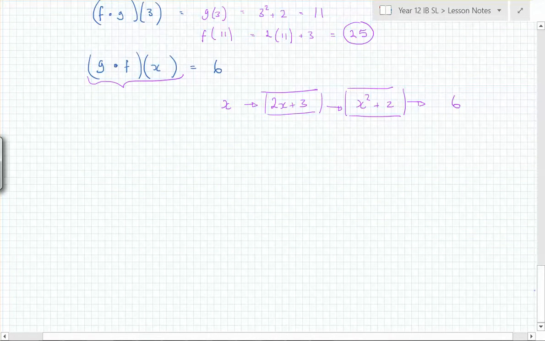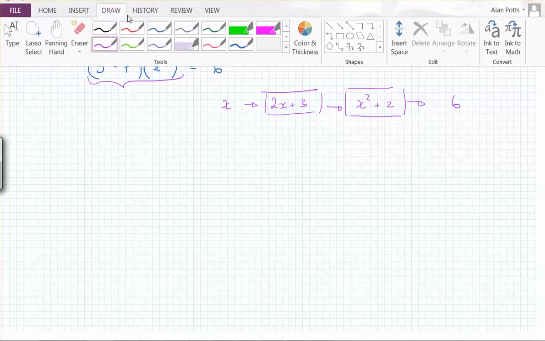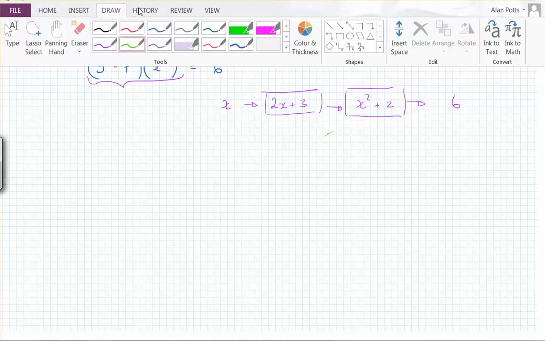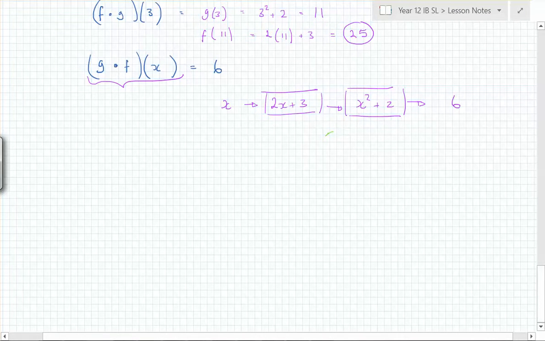So, let's have a quick go with it this way. So what do you reckon? So if, green's really rubbish colours. Right, if 6 came out, what must have gone in? Okay, be careful. Like 6 minus 2 or 4 squared. So let's solve first. x squared plus 2 equals 6.